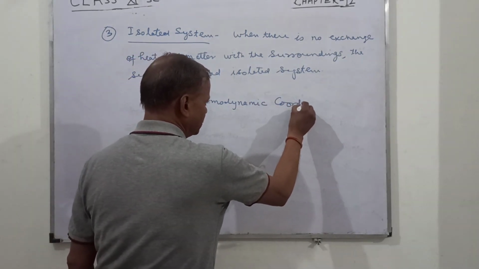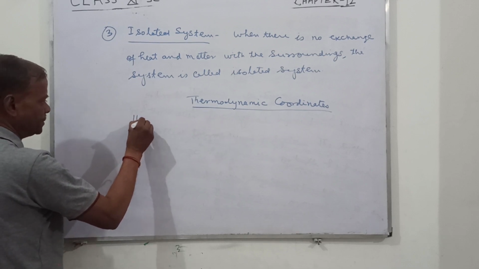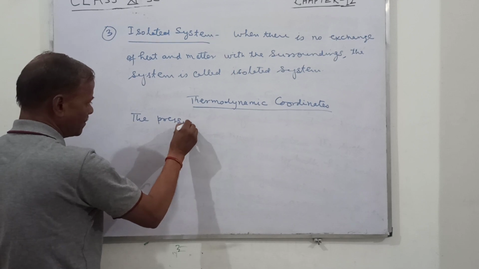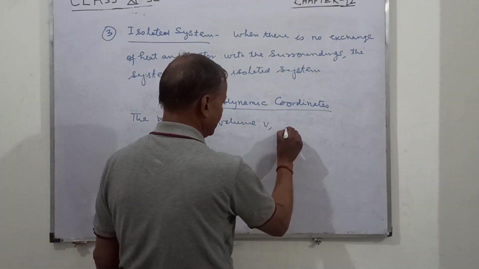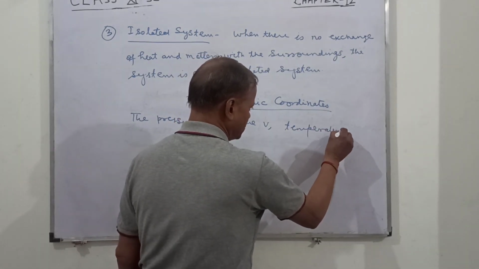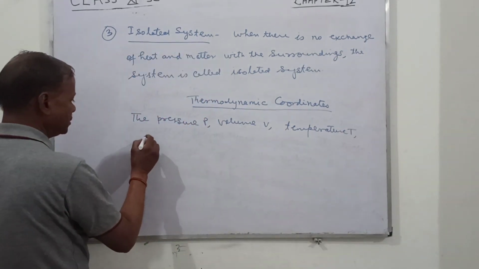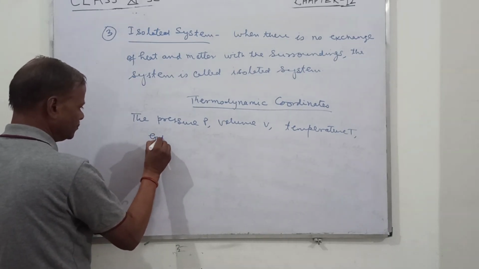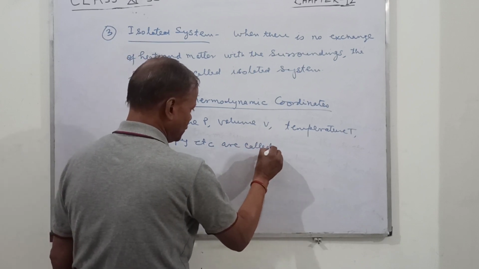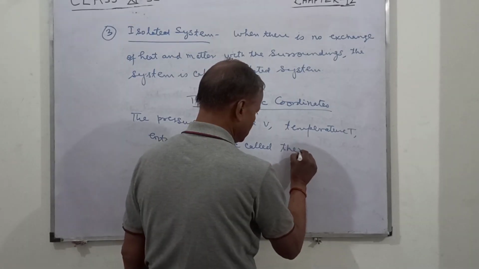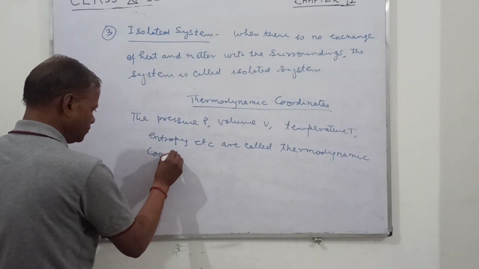Thermodynamic coordinates. The pressure P, volume V, temperature T, enthalpy, entropy, etc. are called thermodynamic coordinates.